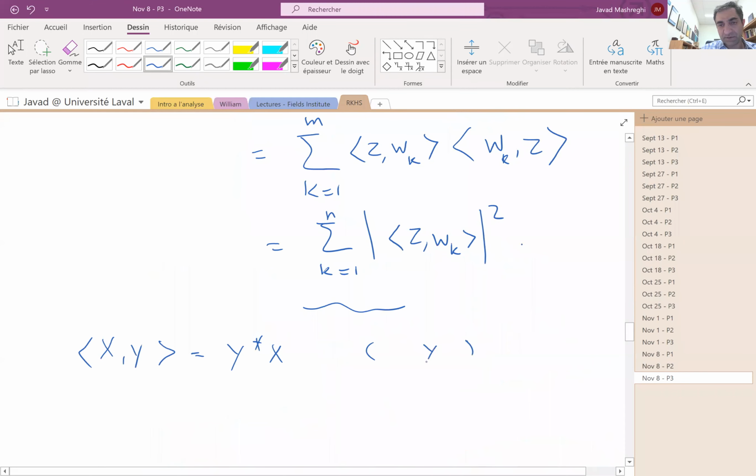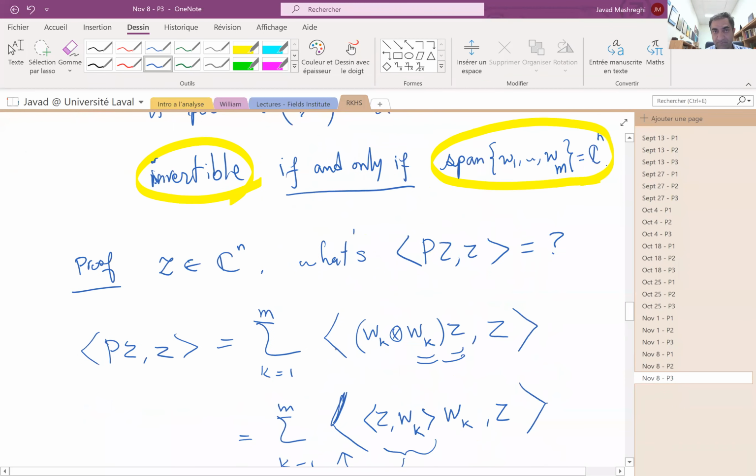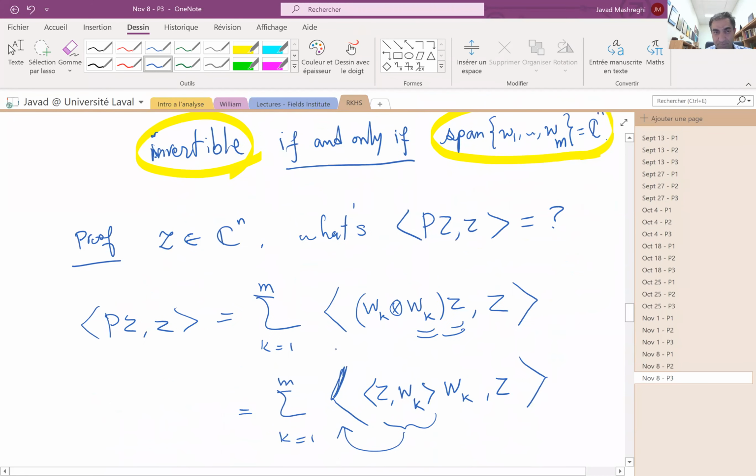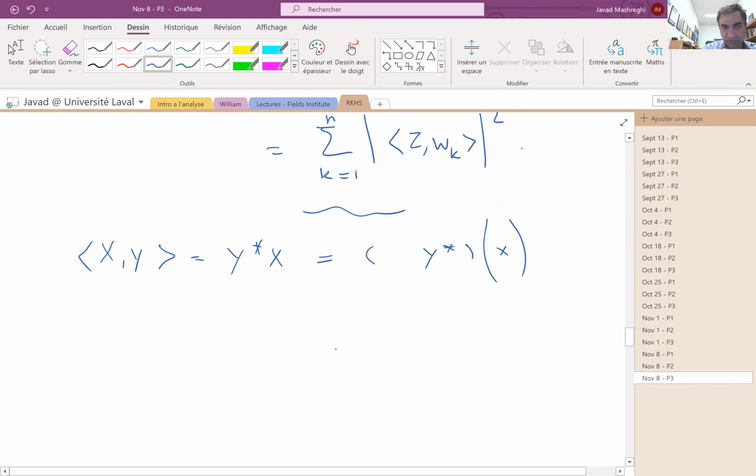So y star is like that, x like this. We should use this, and still we obtain the same thing at the end. If we work with w star, I haven't done the calculation, but we can do it.